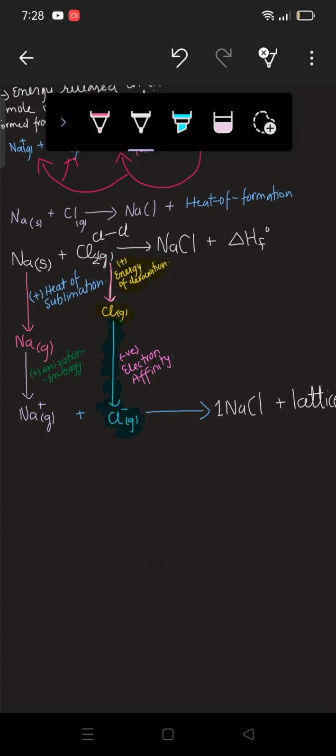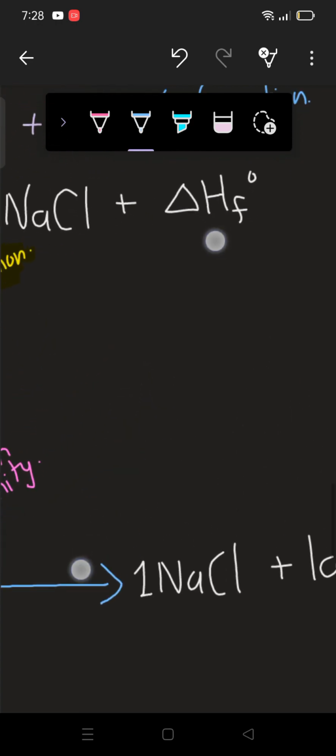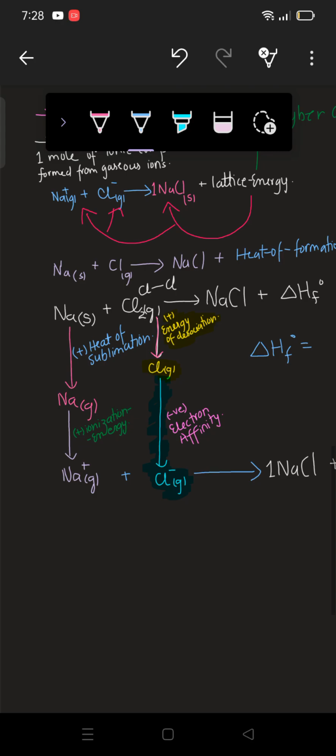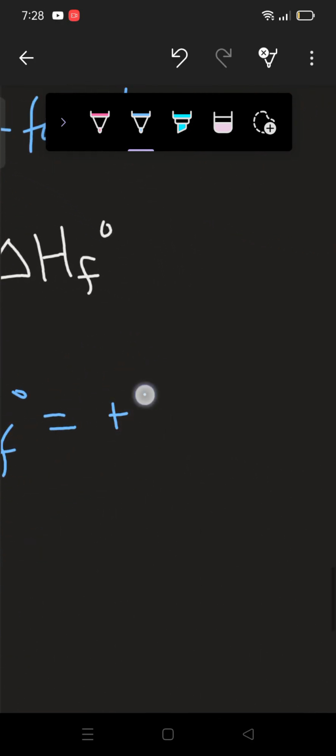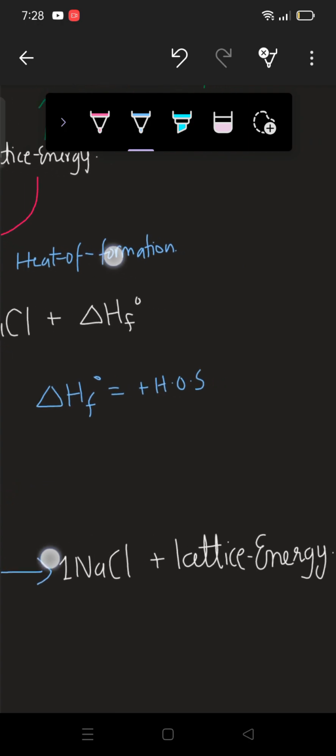Now we were calculating the lattice energy. Now see what would be the heat of formation if I write the formula for it. Heat of formation would be, since we have given this heat of sublimation, plus heat of sublimation, and then we gave ionization energy, so plus ionization energy.